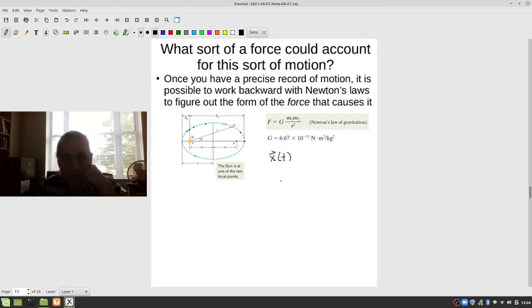Well, all you'd have to do, if you knew those things, is use F equals ma. And then, once you have x, this is just saying F equals the mass of the object going around times d squared x dt squared.